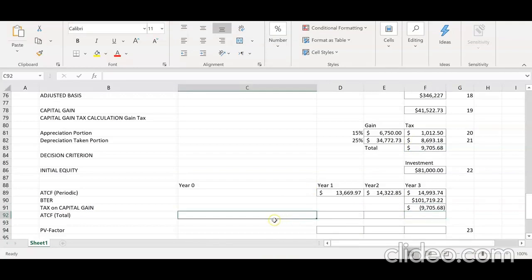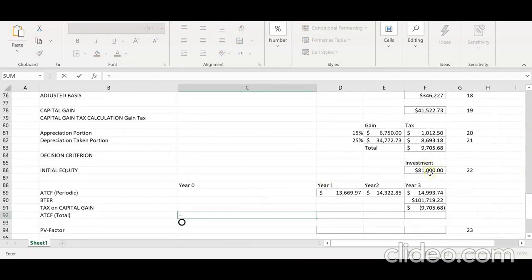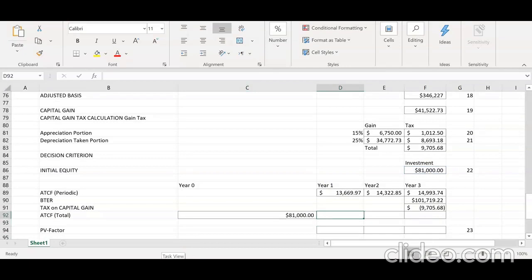After that, for year 0, I'm just going to copy and paste this column, and the first year would be this plus this plus this column. Or we can drag it down over here.